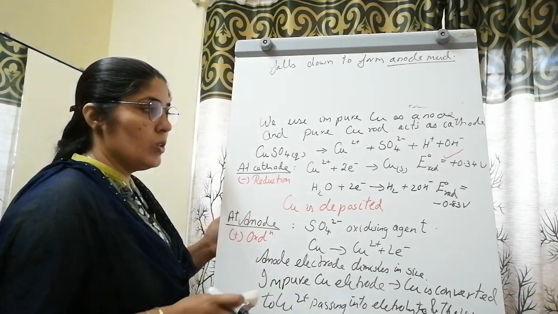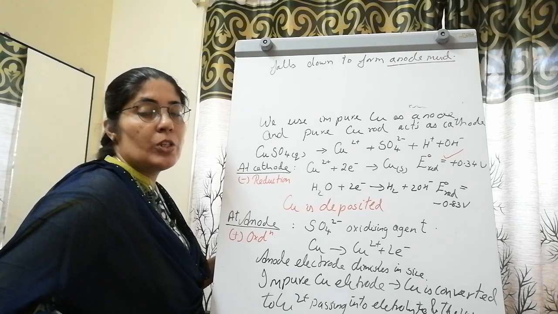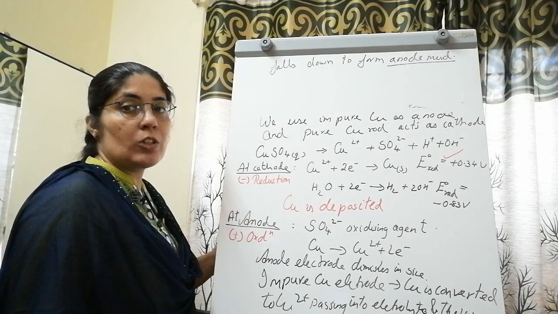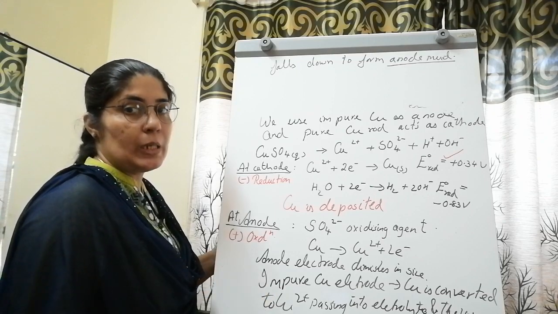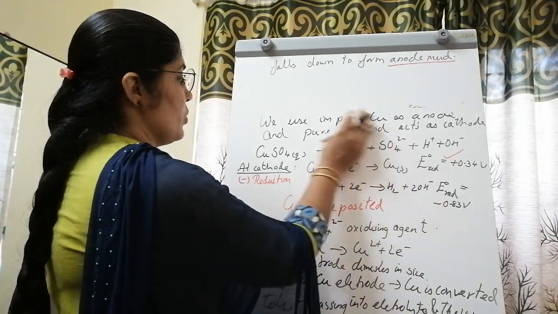So I am going to change this to a condition where we are going to take a particular copper sulfate electrolysis in presence of inert electrode. So let's just change this thing. We have got only few things to change here.